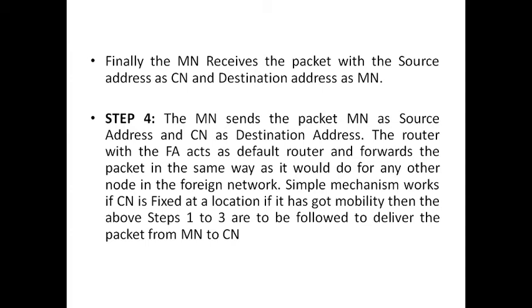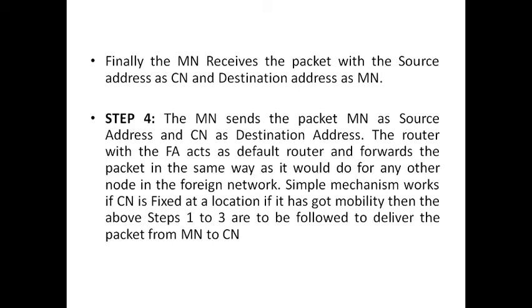So what happens if mobile node wants to send the packet to the correspondent node? Sending a packet from the mobile node to the correspondent node is very simple if it is a fixed one or if it is a mobile node. The mobile node sends the packet as usual with its own fixed IP address, which consists of source and destination address. Now what is the source address?